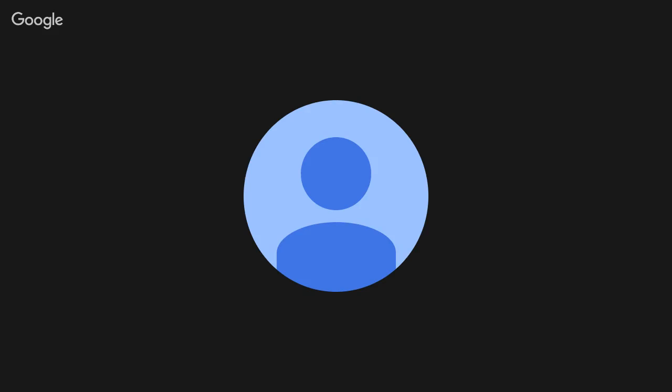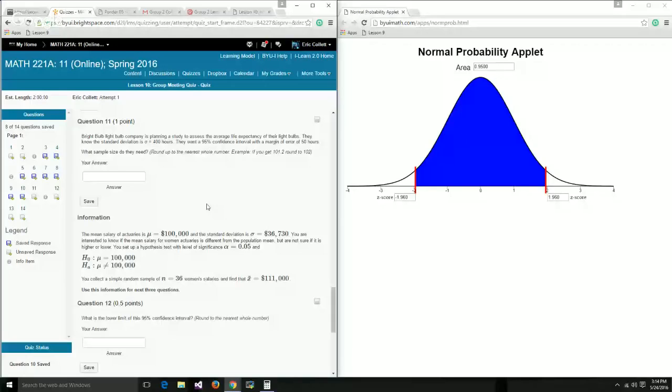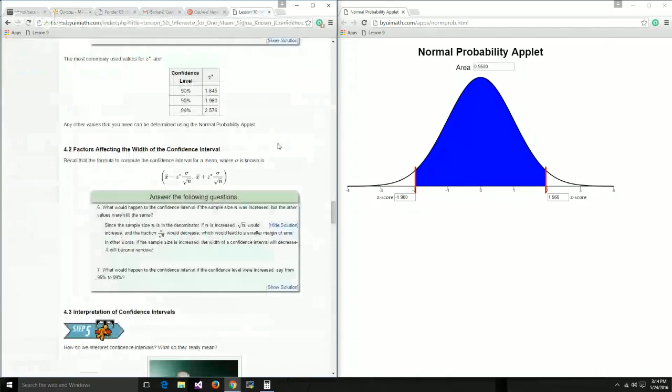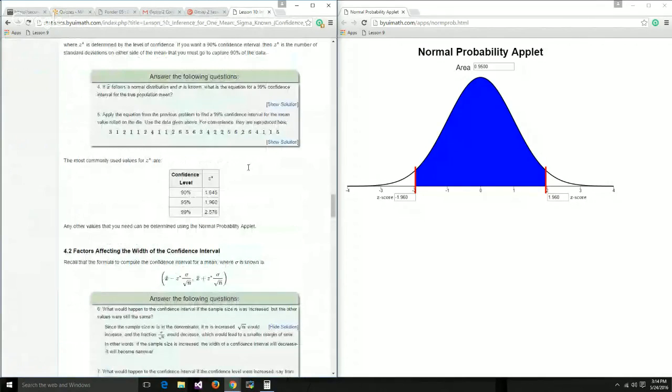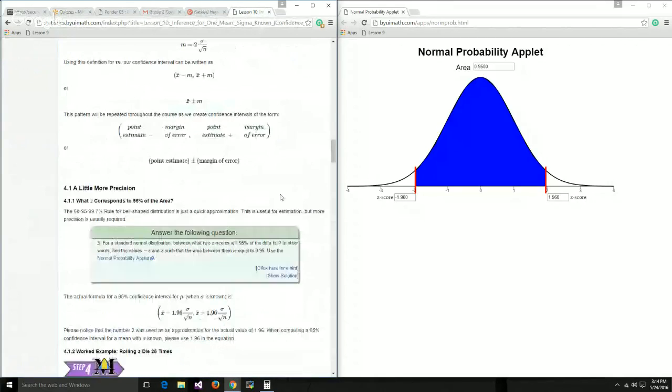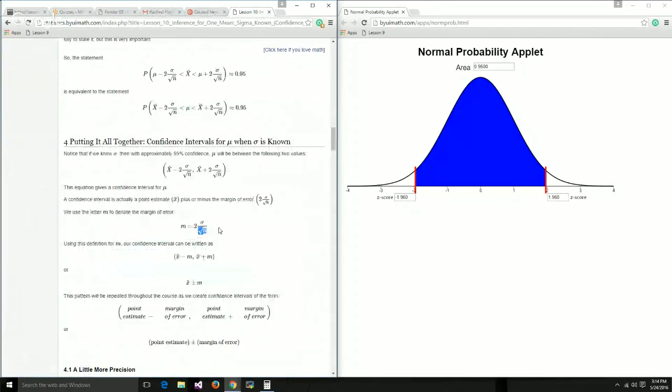Oh, so they're giving us the margin of error in this one. Okay, let's go to these equations. Question 11 is asking for x bar, so we need to flip this equation around. First, I guess we just need to find an n, right? Times the z-score.